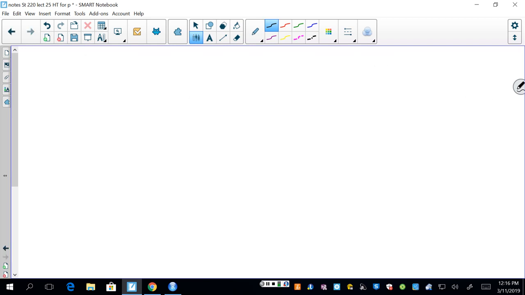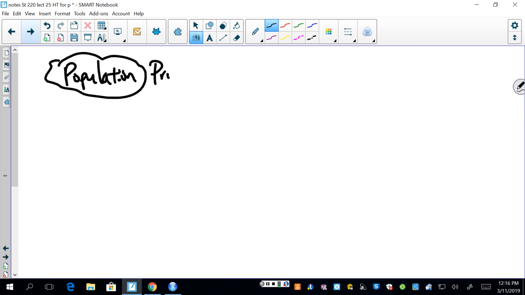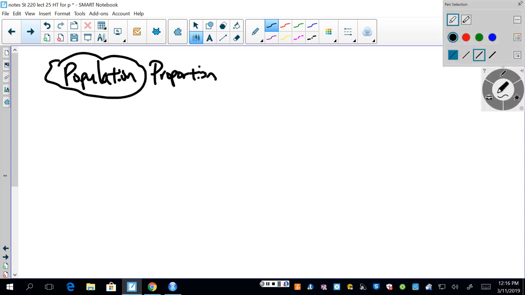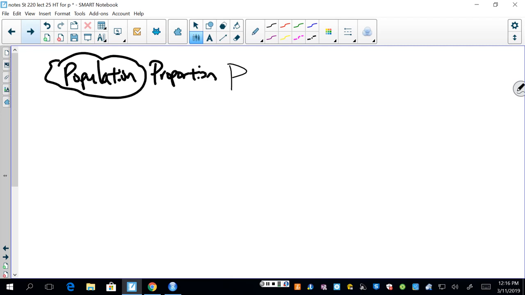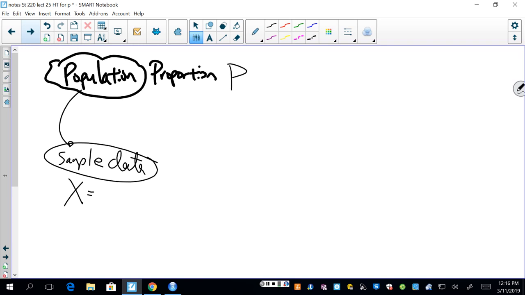So for proportion, we have the same situation: there's some population that we're interested in, and there's some proportion that describes the rate of having some characteristic or being in some group. We're going to have some sample data, and out of that we record the number in the sample with the characteristic, or in a particular group.